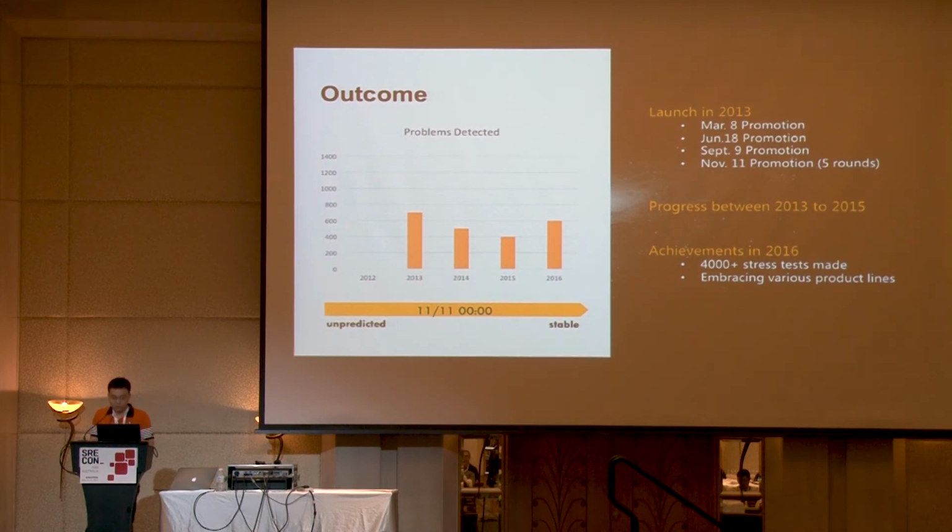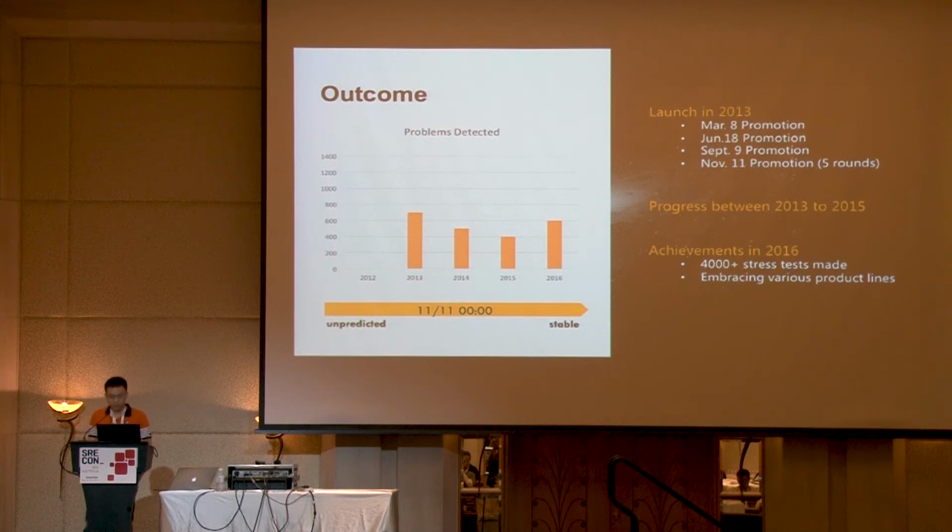With the success in Double 11, now the full-chain stress test is widely used in all big promotion events, like March 8 Festival, September 9 Festival, and so on. It quickly became one of the most important, indispensable steps for us.